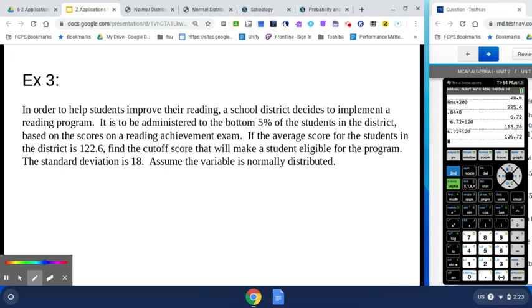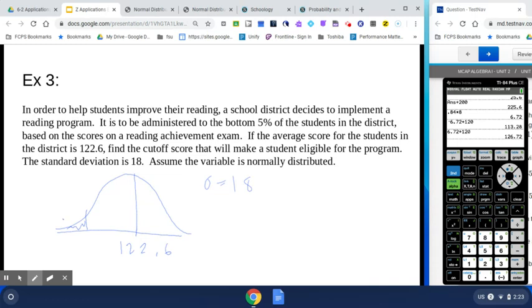All right, so here's our distribution of reading scores, centered at 122.6. The standard deviation is 18. And in order to qualify for this reading program, the student needs to score in the bottom 5%.